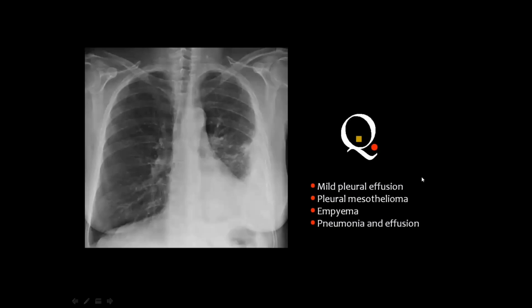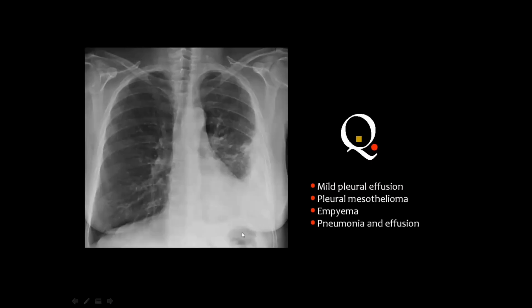Next case is a chest X-ray, and these are the possibilities: mild pleural effusion, mesothelioma, empyema, pneumonia and effusion. The diagnosis of pneumonia and effusion, yes, this is right. You see that there is opacity representing pneumonic consolidation and pleural effusion.